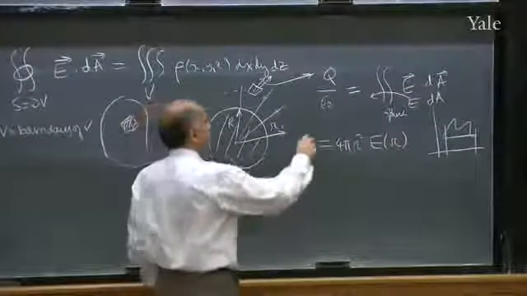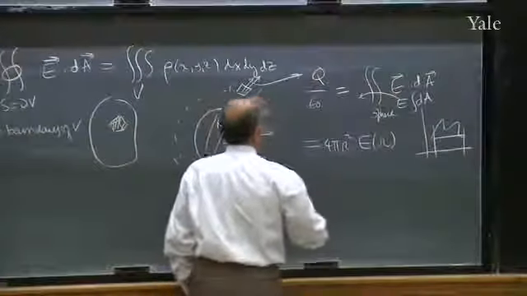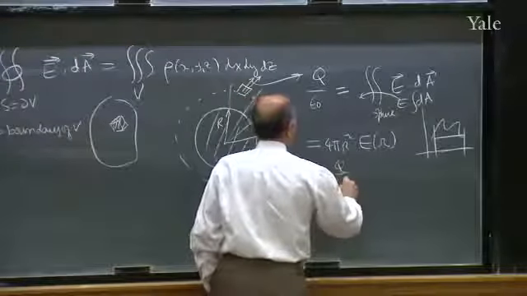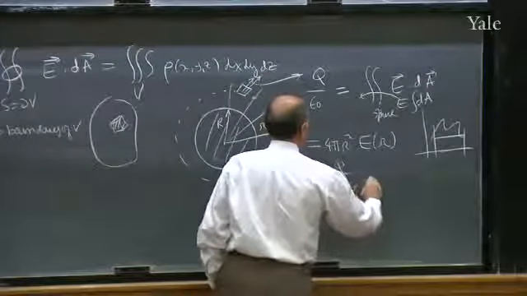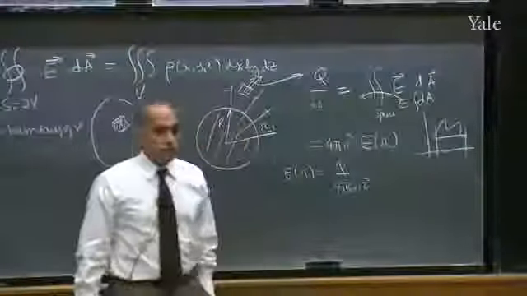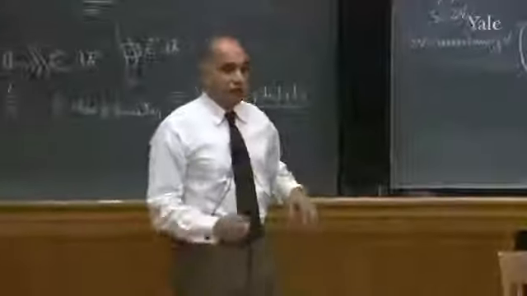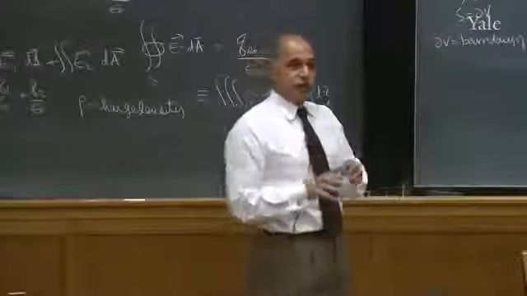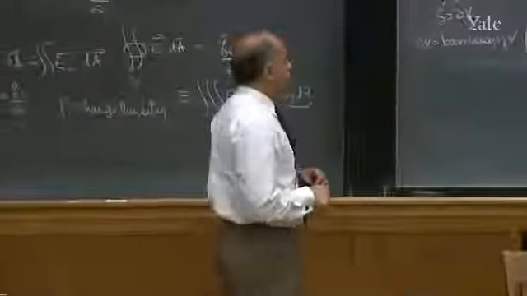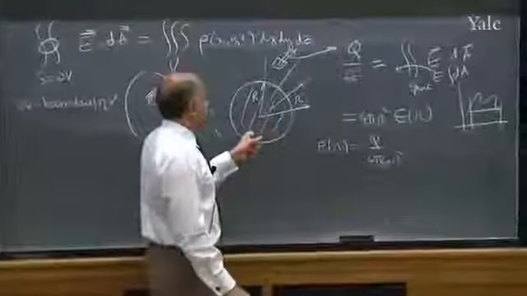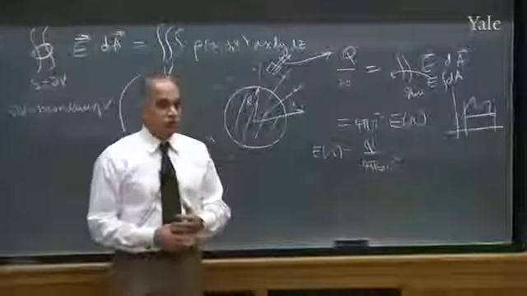And the integral of dA is just 4 pi r squared. Therefore, you deduce E(r) is Q over 4 pi epsilon 0 r squared. It's a very profound result. It looks very simple, but it is true not for a point charge, but for a spherical distribution of charge. That the field goes like that of a point charge sitting at the origin is a consequence of Gauss's law.